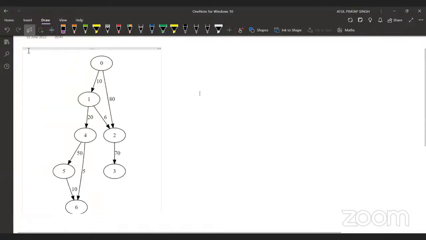Okay, so we have one directed graph, and we want to find the shortest path using Dijkstra's algorithm. For example, we have a source vertex 0, so this is our source vertex.